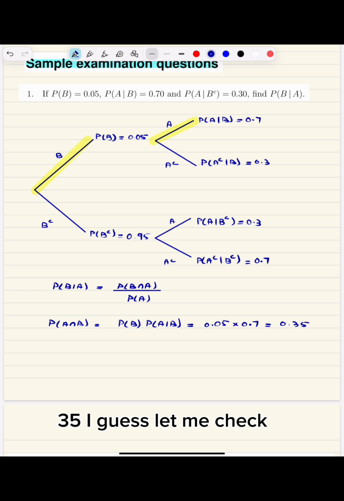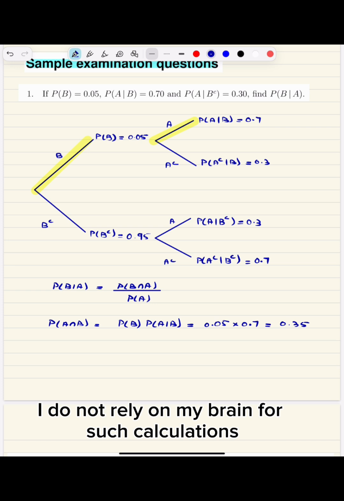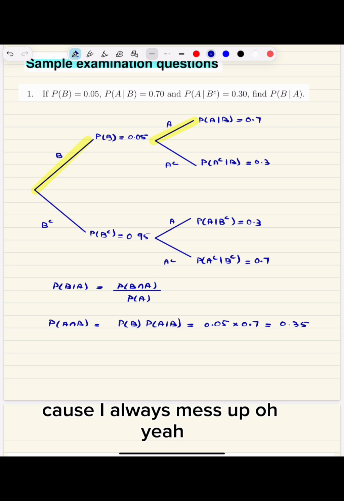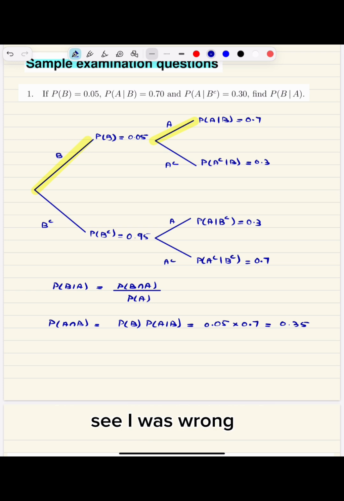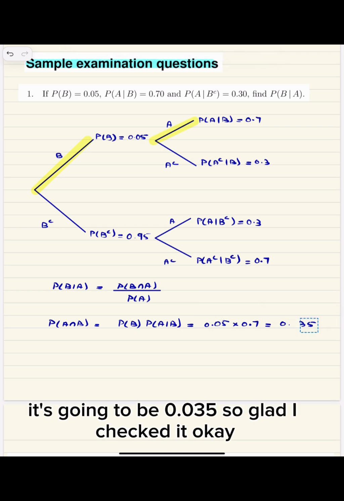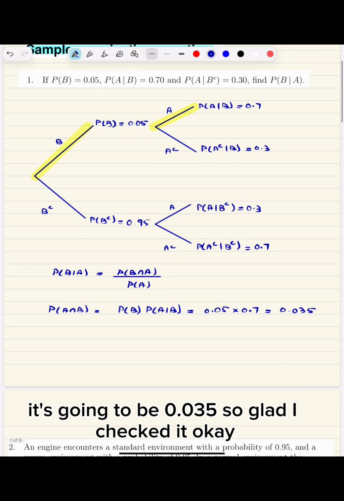Let me check. I do not rely on my brain for such calculations because I always mess up. Oh yeah, see, I was wrong. It's going to be 0.035. So glad I checked it.